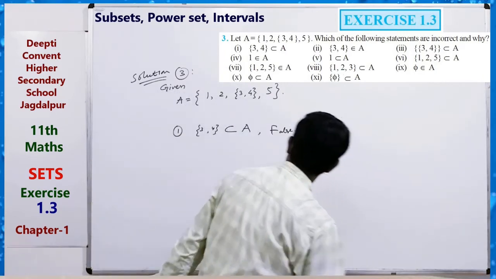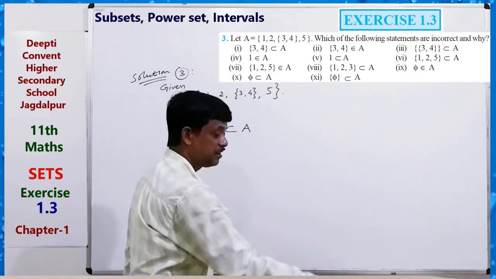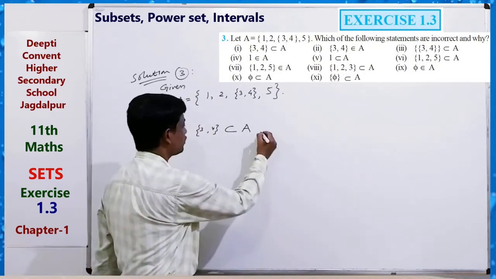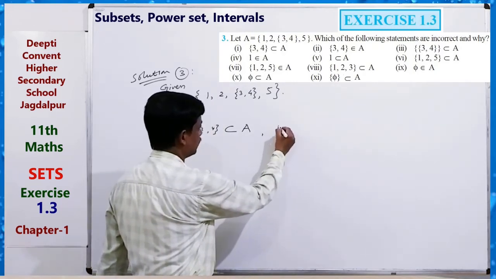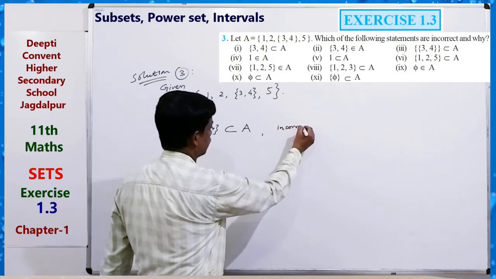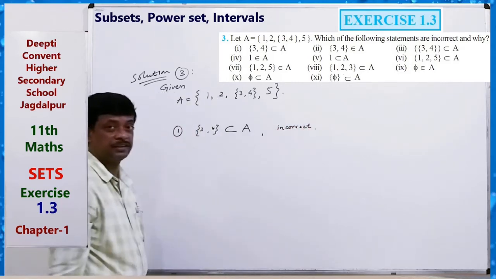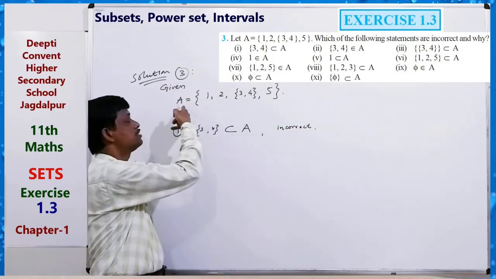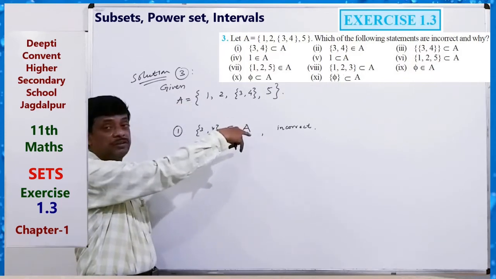The reason is that {3, 4} is an element of the set A, not a subset of A.